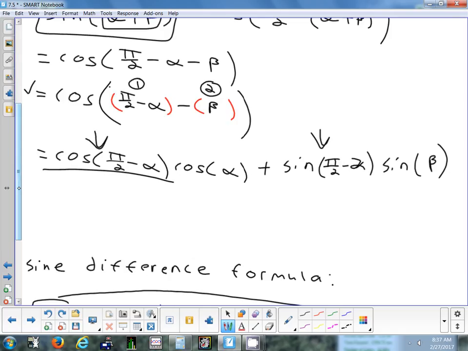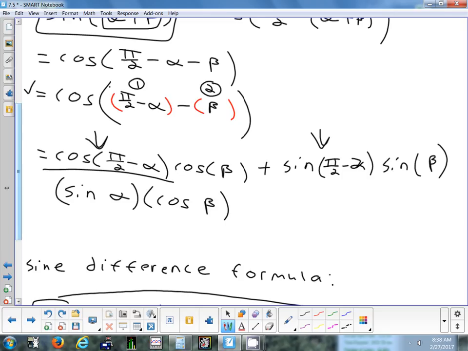So that what I just underlined turns into sine alpha. And what comes next? Shouldn't that be beta? Yes, thank you. That would have messed us up a little bit. So sine alpha, cosine beta.